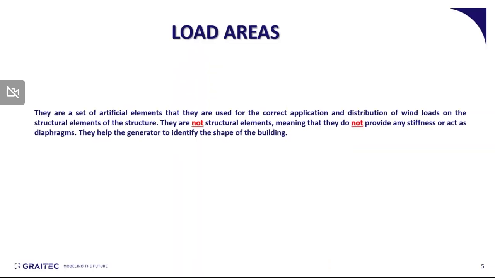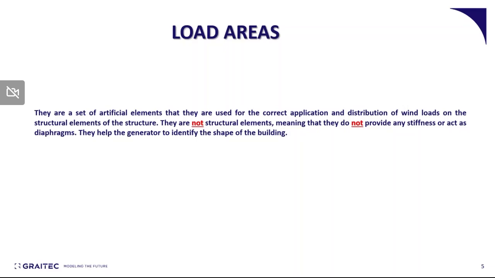First of all, I would like to introduce the term load areas that is going to be used by me a lot during this session. The load areas is a set of artificial elements that are used for the correct application and distribution of wind loads on the structural elements of the structure.